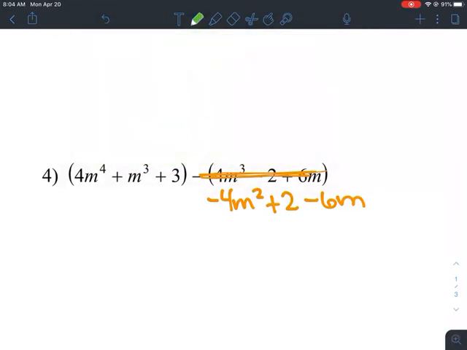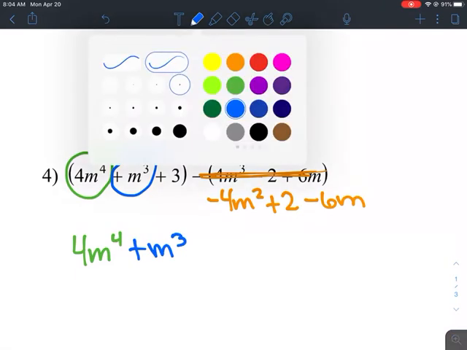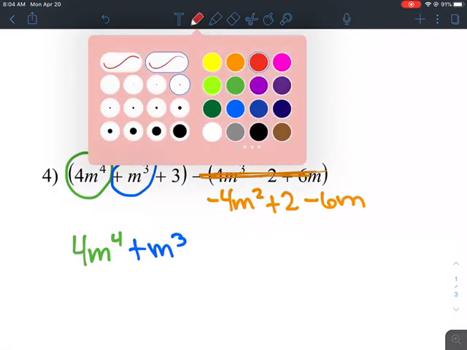So then I just go straight into combining like terms. So this is my only number to the fourth. So that'll just stay the same, 4m to the fourth. Then I've got m to the third. So that's the only one. Stays the same.